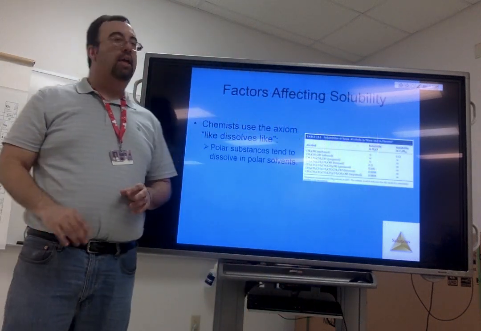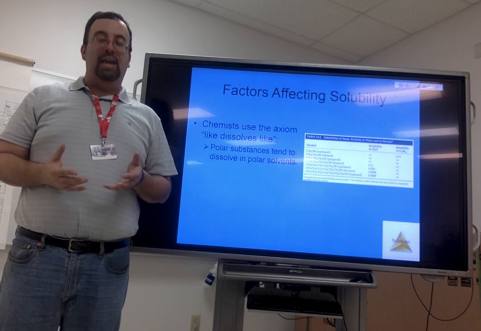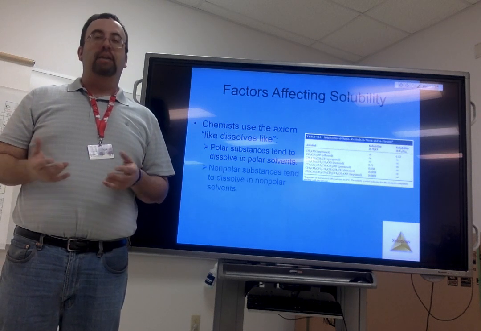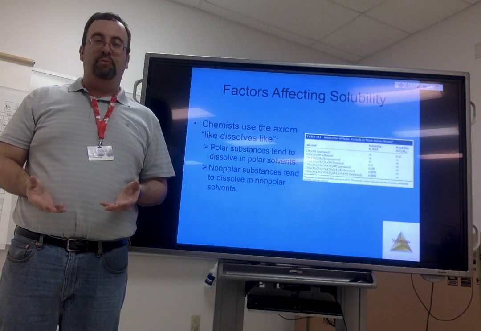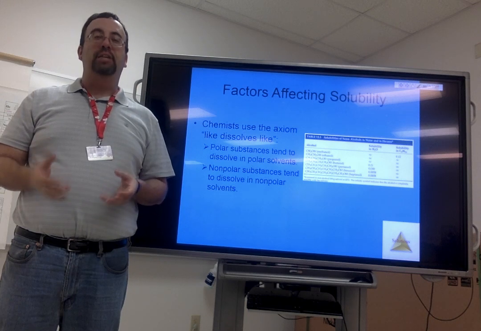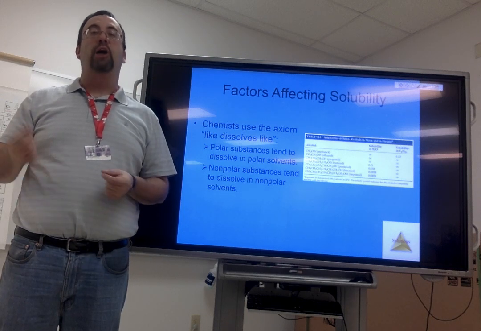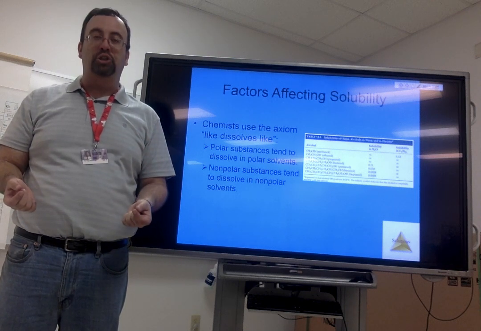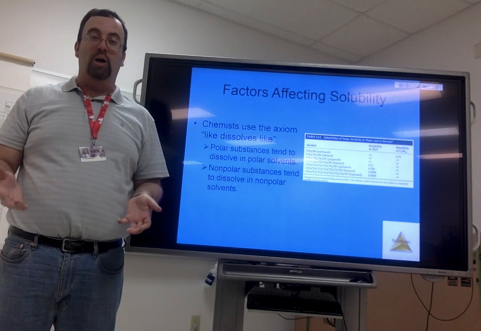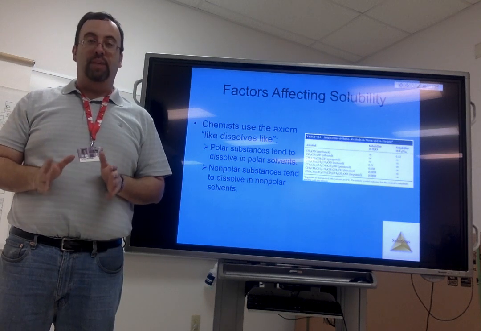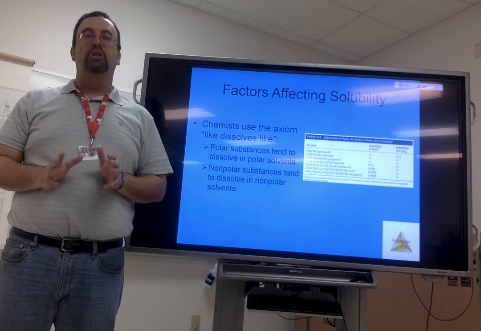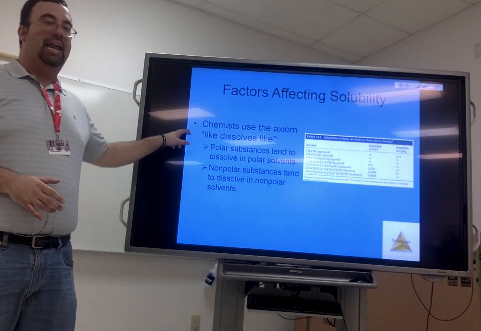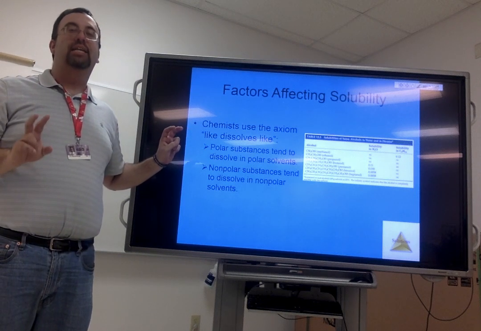All right. There is a saying or axiom in chemistry. As we said before, we know that opposite charges attract. So positively charged cations are attracted to negatively charged anions. And so that is one type of saying. There's another one that chemists use when they're talking about solutions, and that is that like dissolves like.